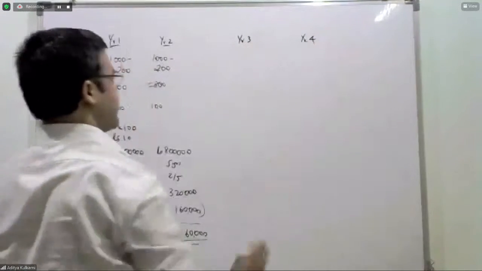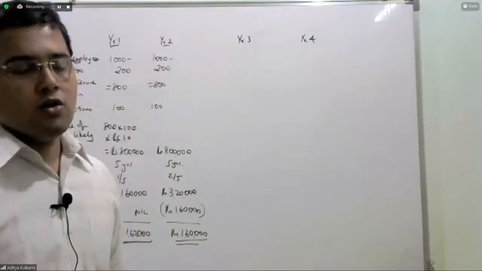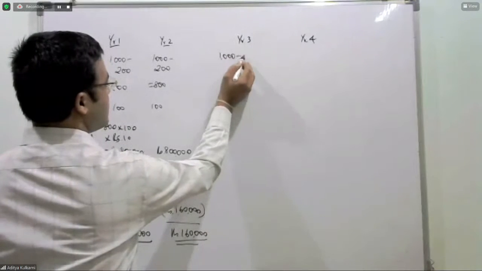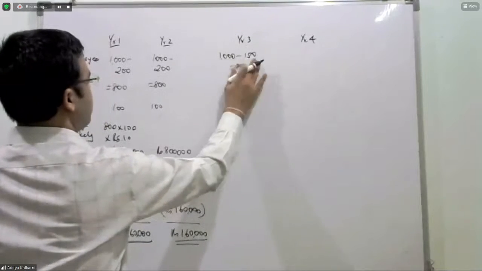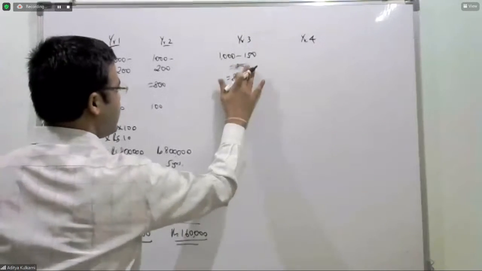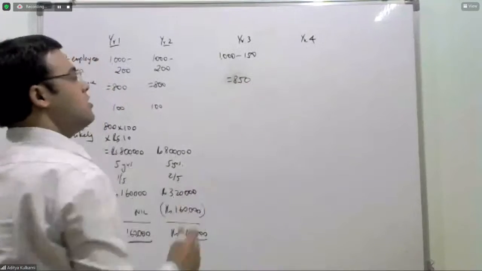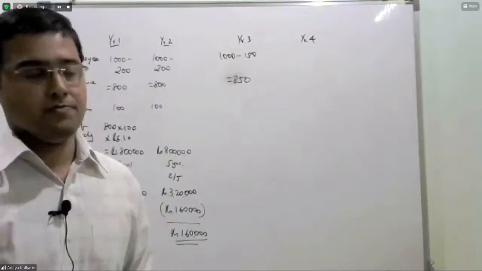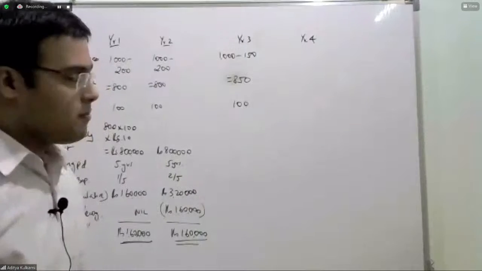You are now expecting that only 150 will forfeit. That means 1000 minus 150, that means 850 employees will now take up your shares. This is what is your estimation. Each of these 850 employees will get 100 options.